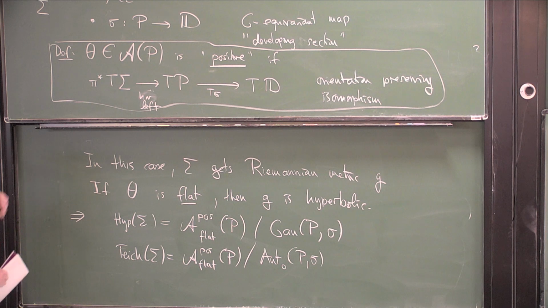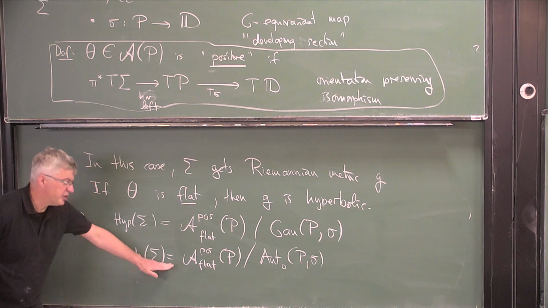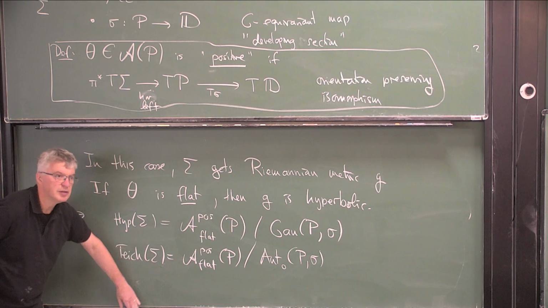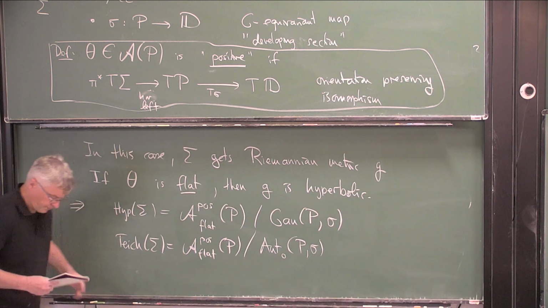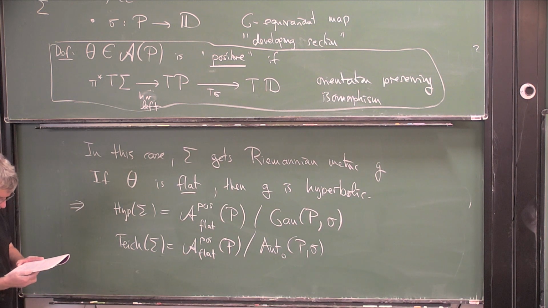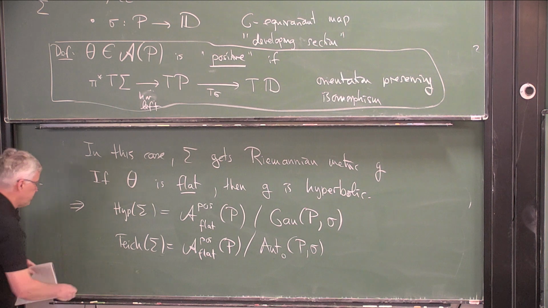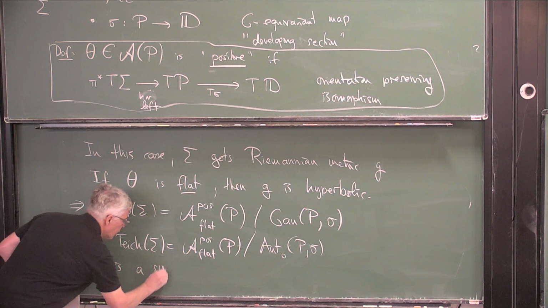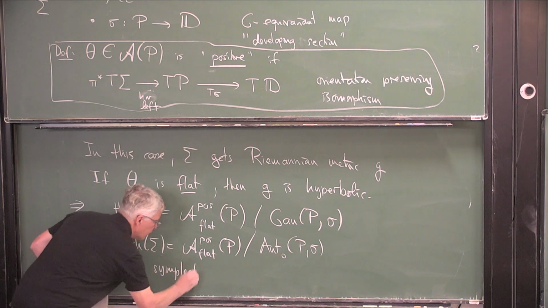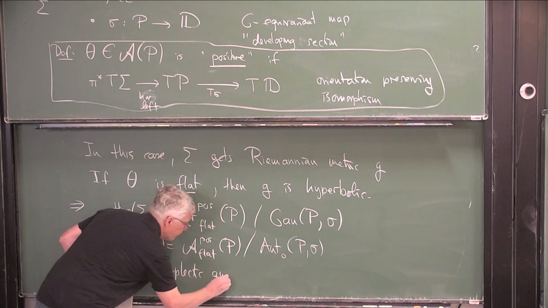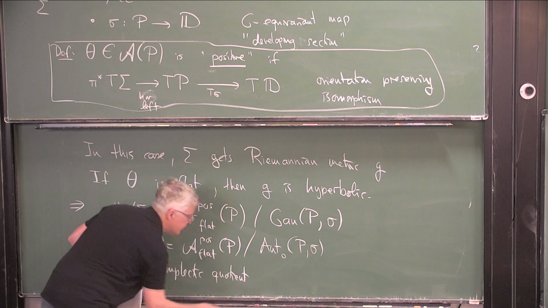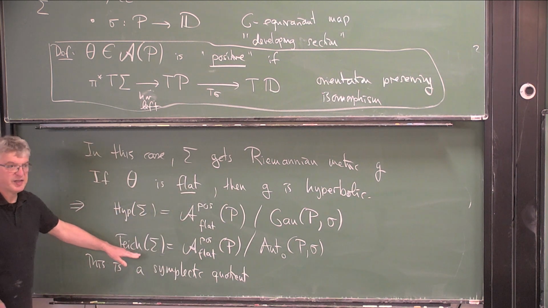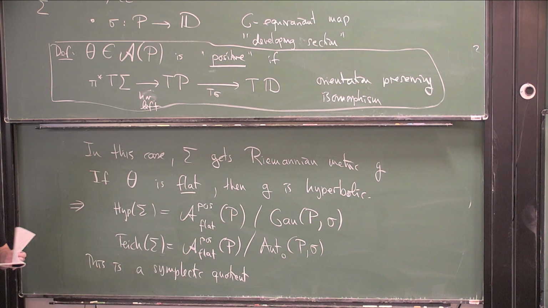Right, and the upshot then, of course, is that this is actually a symplectic quotient. In this way, Teichmueller space inherits a symplectic structure.